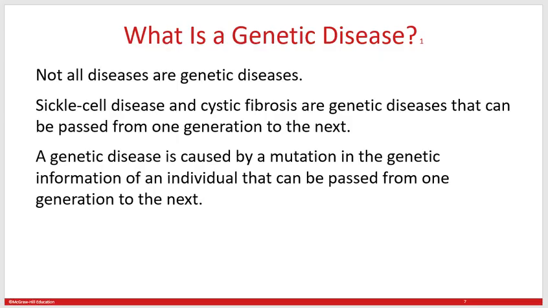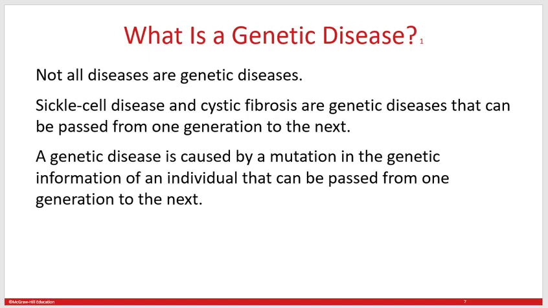Well, a genetic disease is caused by a mutation in the genetic information of an individual, and that information, that gene, can be passed on from one generation to the next. But not all diseases are genetic diseases.